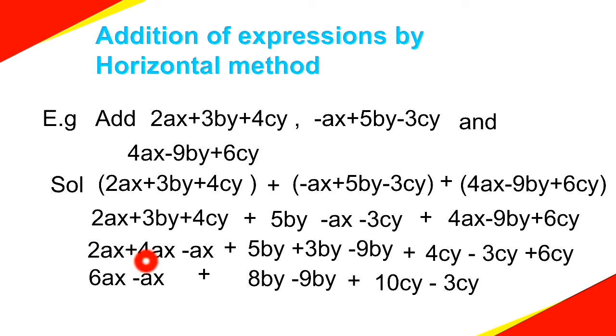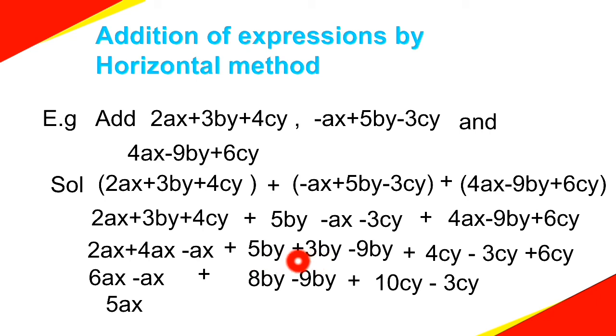Now we are going to solve the next according to the BODMAS rule. After plus we have to do minus. Now 6ax minus ax. Both contain the same variables. Right. So constant term 6 minus 1 how much? 6 minus 1 that is 5ax. See in these two what is the highest value? 6 is the highest value. For 6 what is the symbol we have? Plus. So that's why we got 5ax. Next one. 8by minus 9by.